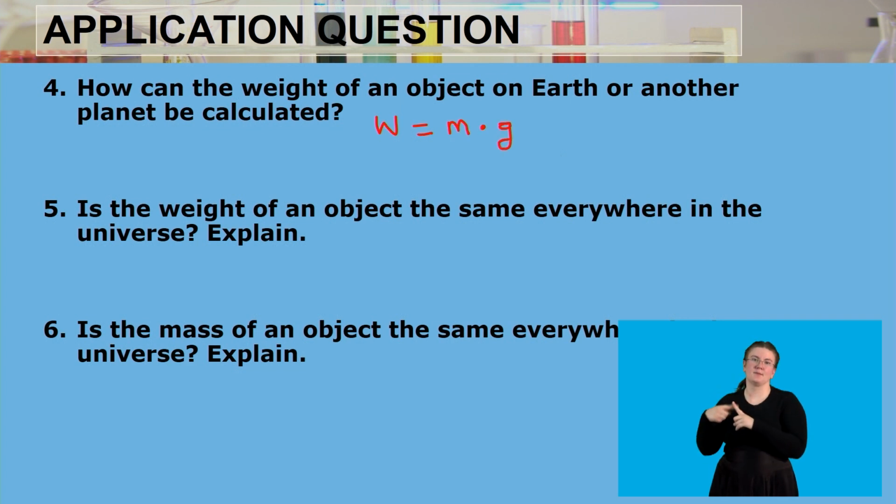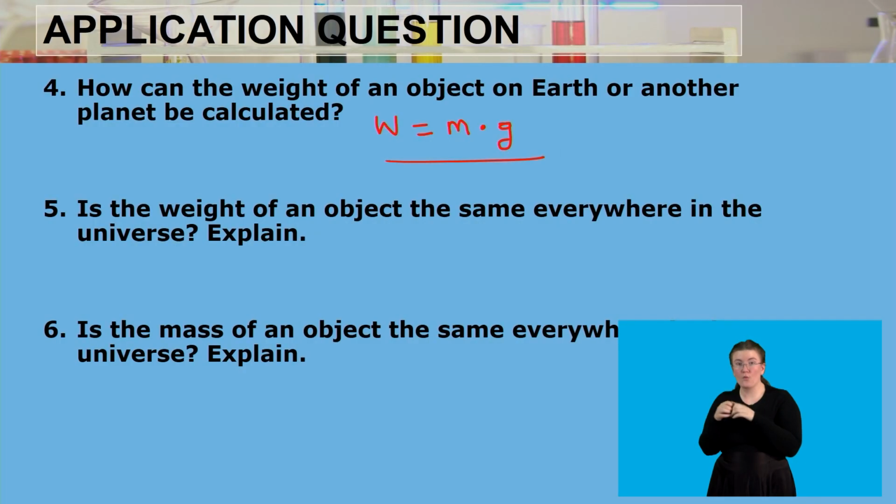So we need the object's mass and the gravitational acceleration of that particular planet, either here on Earth or any other planet. Now remember that weight is a force and it is measured in newtons. So whatever answer you get must always have the units newtons.